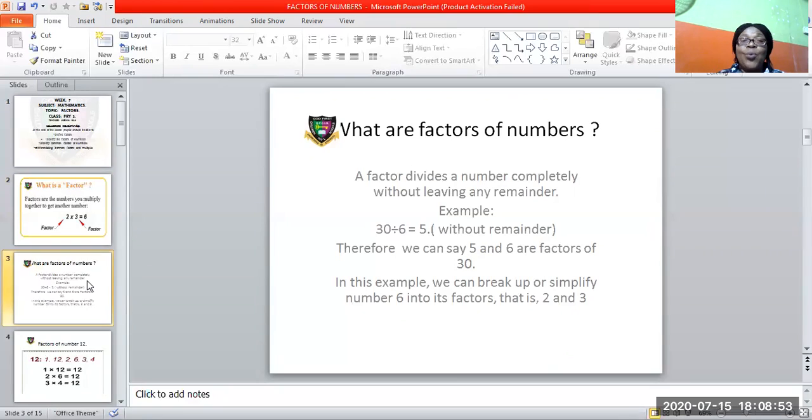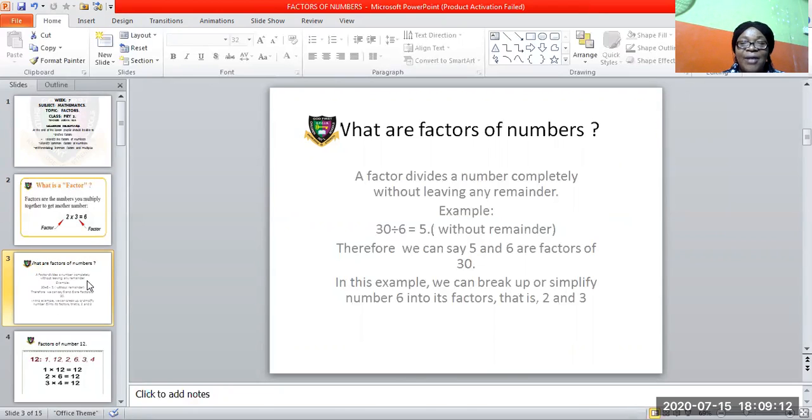For example, when we say 30 divided by 6, our answer is 5, meaning 6 can go into 30 5 times without remainder.